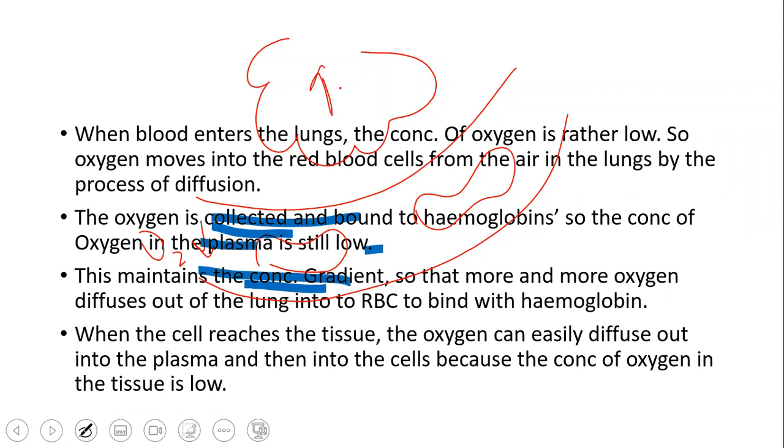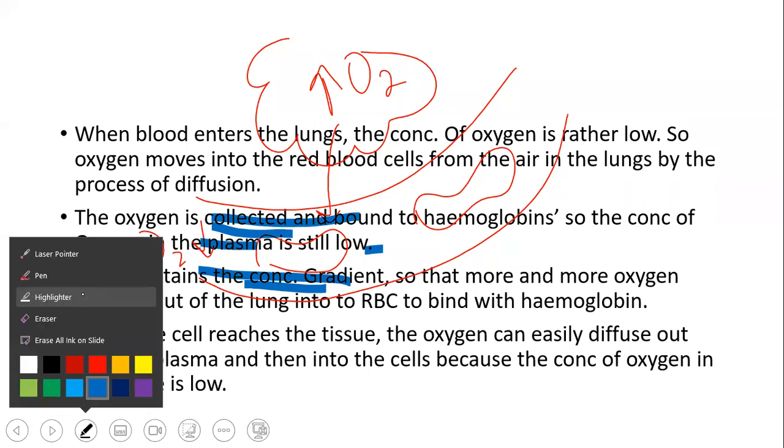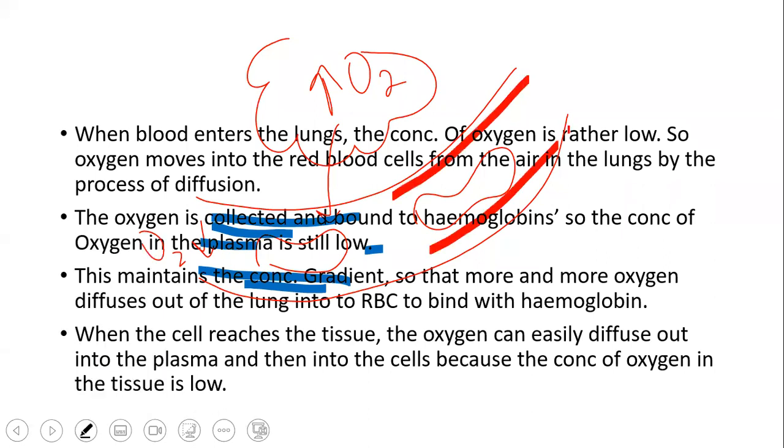Inside your lungs or alveoli, the concentration of oxygen is high. So what is going to happen, since you have such a vast difference in concentration, since you have the concentration gradient, concentration potential, the oxygen is going to quickly be able to diffuse out from the lungs into the blood. After that, your blood is going to end up becoming oxygenated.